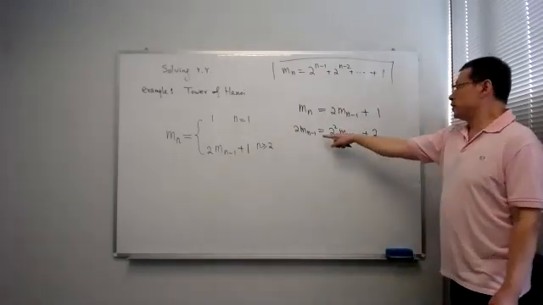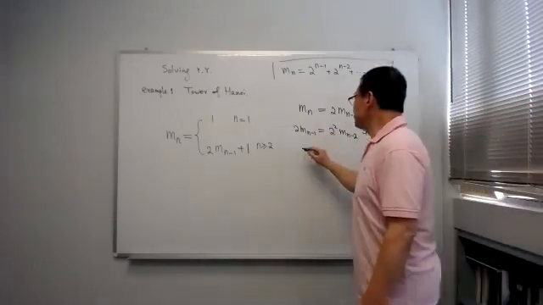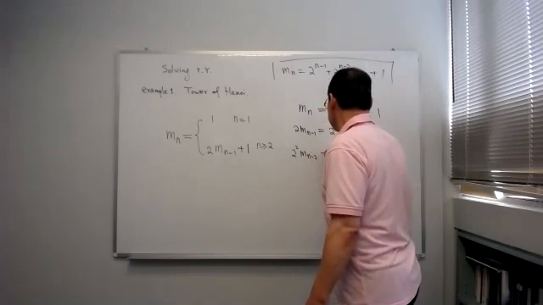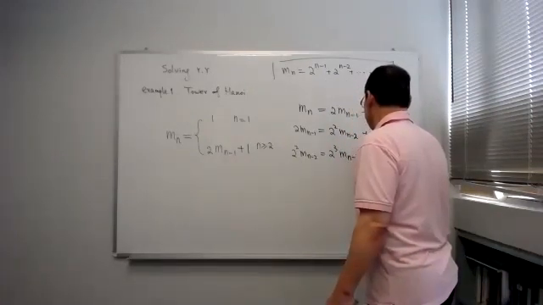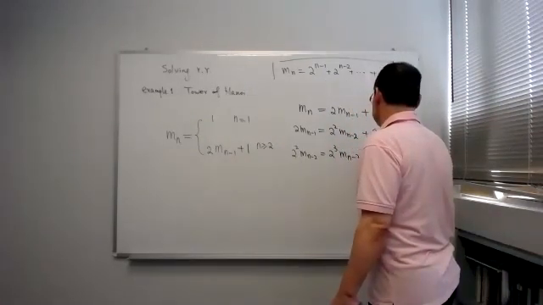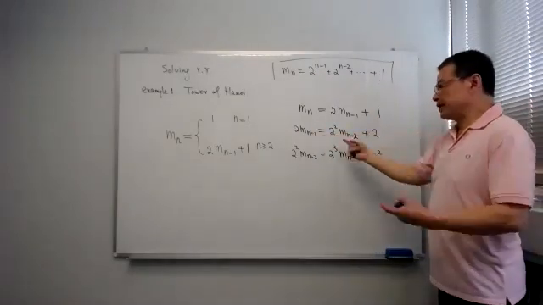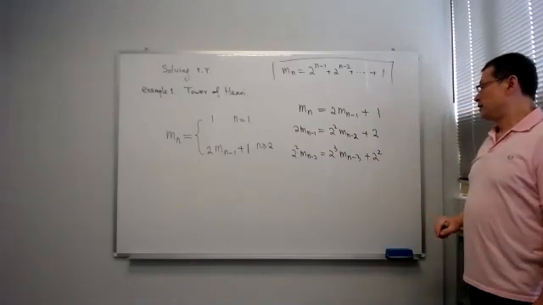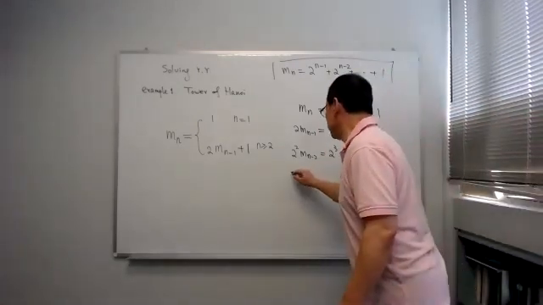So that's what we get. Now this term, we write it this way. So multiply this one, both sides by 2. That's what we get. All right, so keep on doing. Let me do one more term.